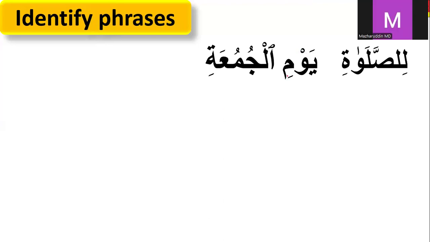Now always remember, if there is one noun without al and one definite noun, that means this is a combination of Murakkab Idafi. So Yawm is mudaf, Al-Jum'ati is mudaf ilayhi. So the whole is Murakkab Idafi.